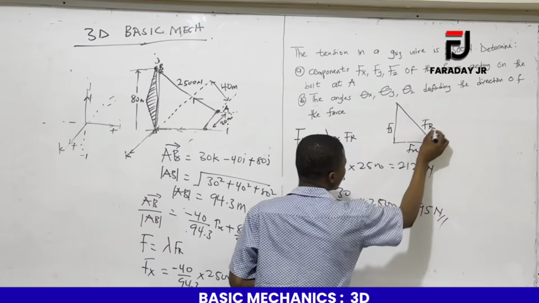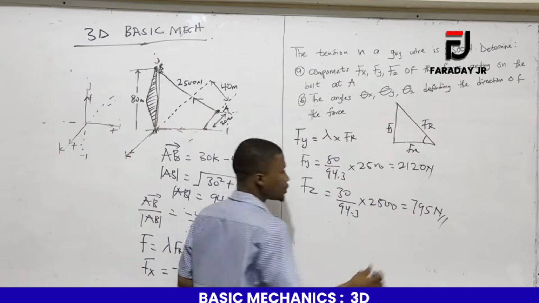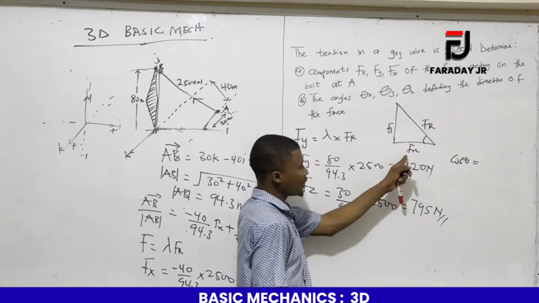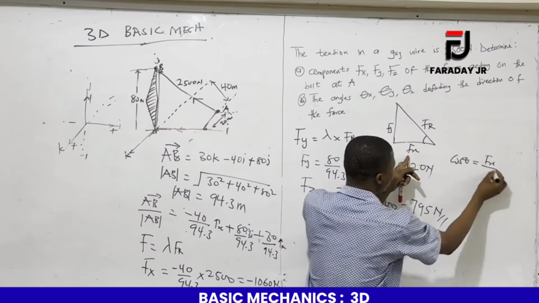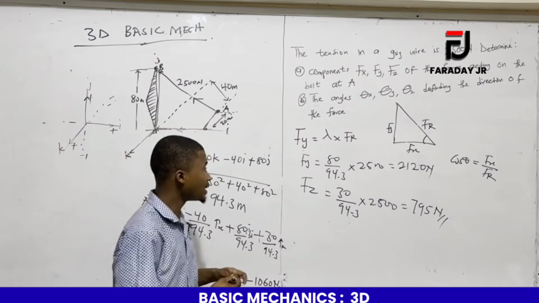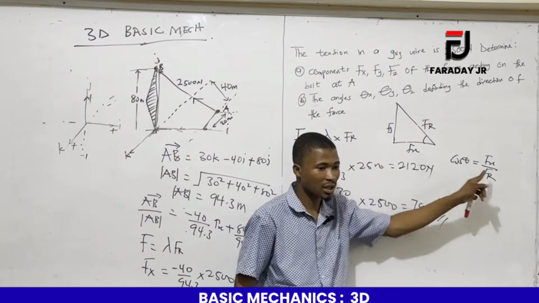Now if we want to resolve into the x plane, you know that cos theta will be equal to Fx divided by Fr. So we are saying that the unit vector is the same as the vector divided by its magnitude.